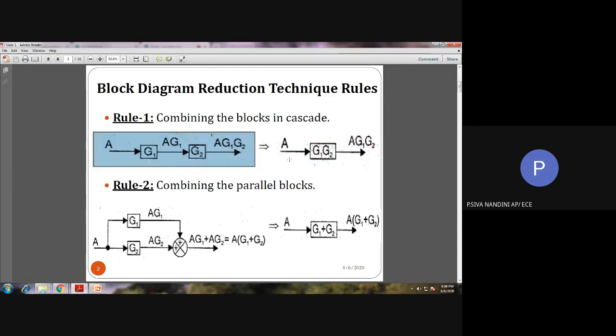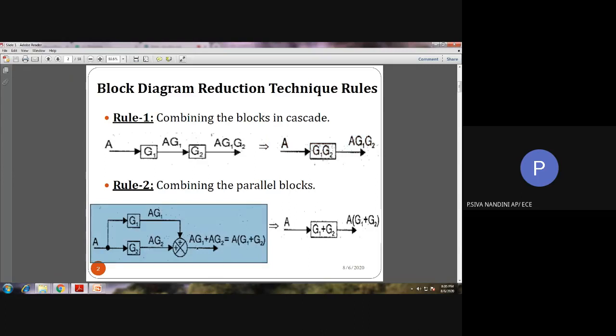So in both cases the output is the same, A into G1 G2, but here we have the two blocks G1 and G2 separately, that is in cascaded form, and here we have combined G1 and G2. Likewise, we can reduce the two blocks G1 and G2 into a single block G1G2 using block diagram reduction technique rule number 1.